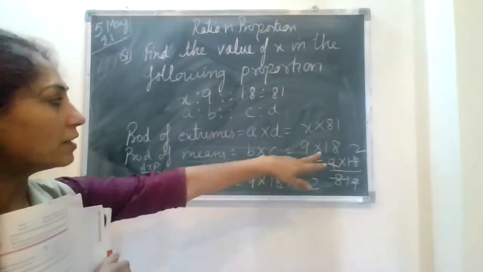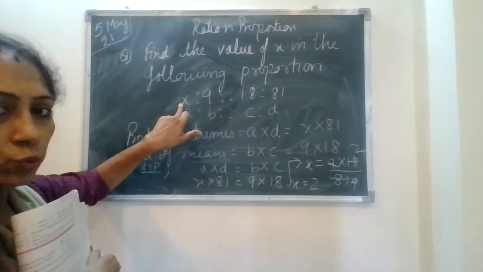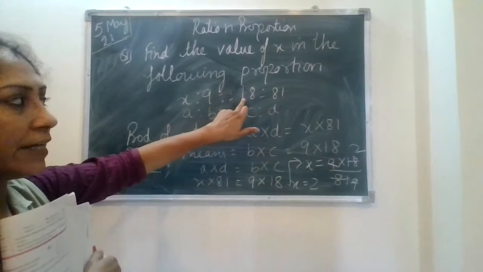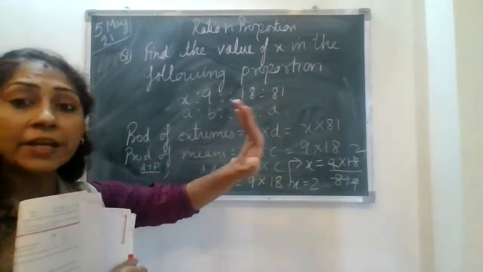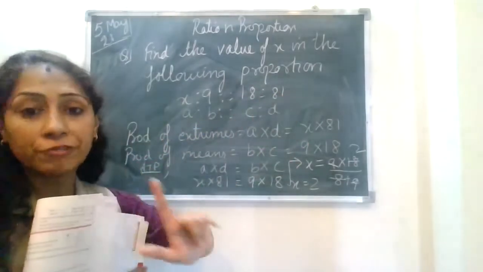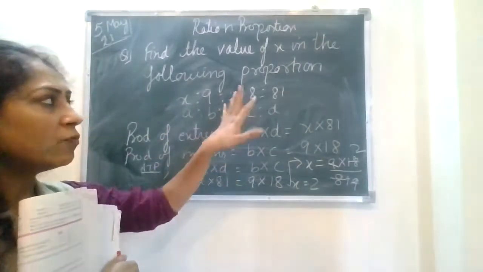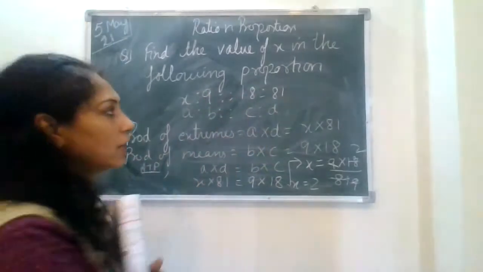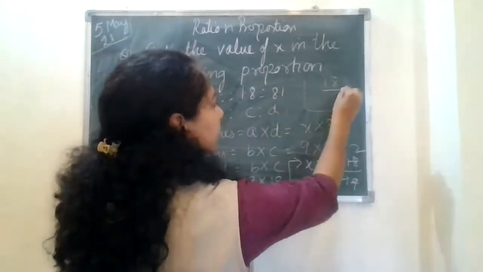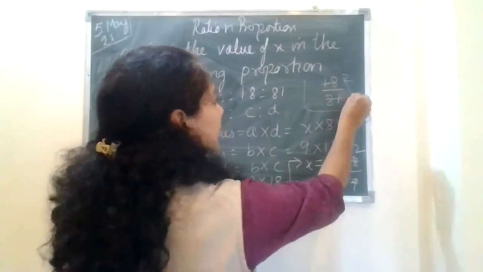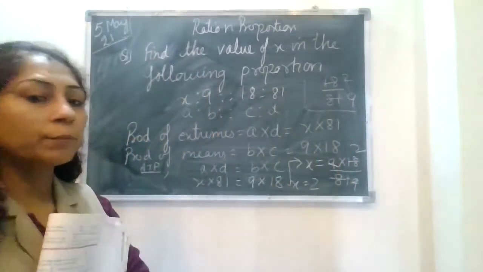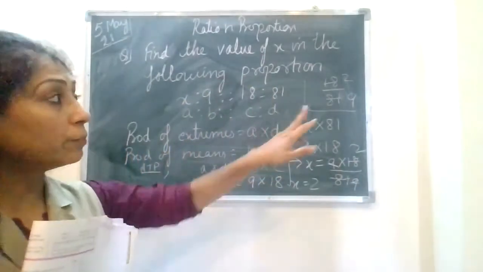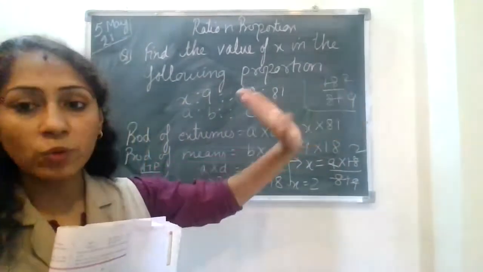In order to check the answer, put the value of x as 2. 2 is to 9, and then 18 is to 81. 18 and 81 are both multiples of 9. If you reduce it, 18 will become 2 and 81 will become 9. I'm doing the rough work for this: 18 upon 81, divide by 9, the quotient for 18 is 2 and for 81 is 9.